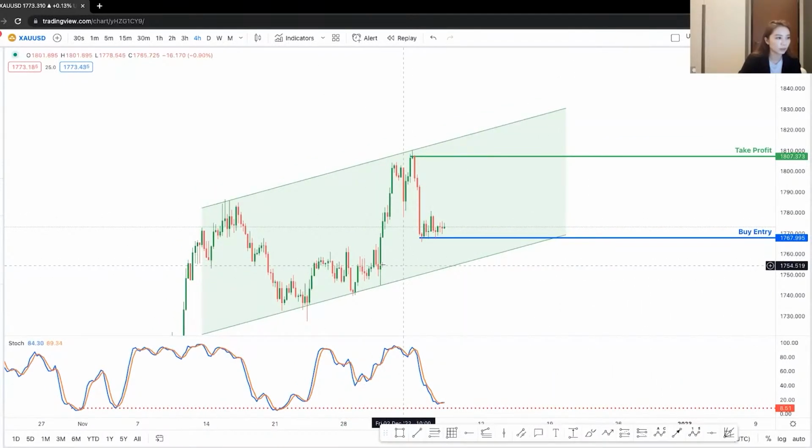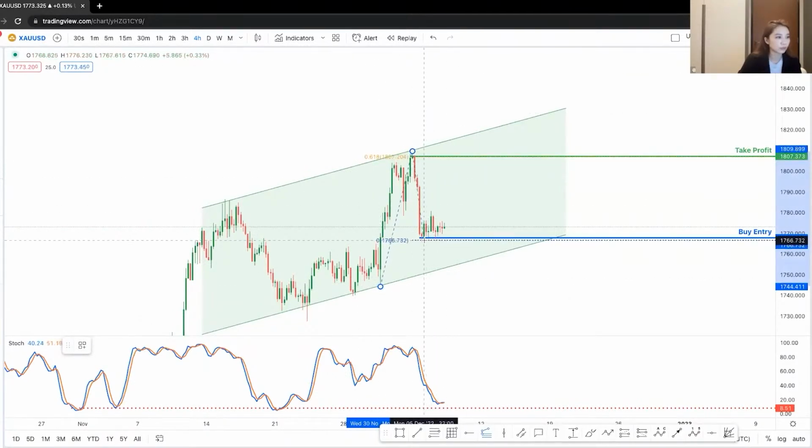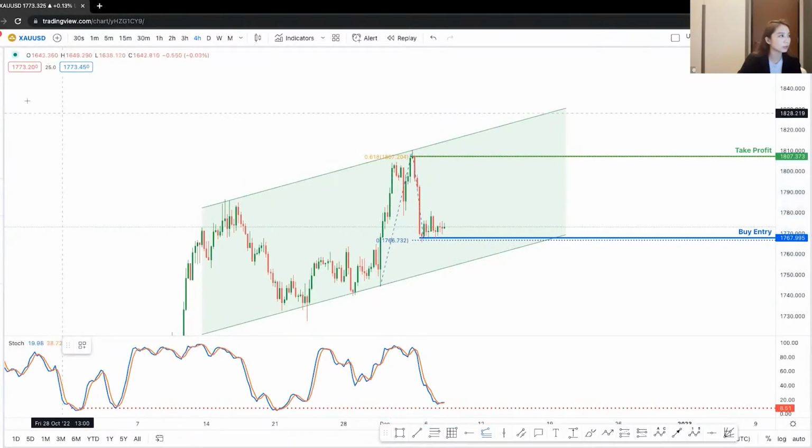And then this one, in this case, I would and could put according to Fibonacci projection for our stop loss.